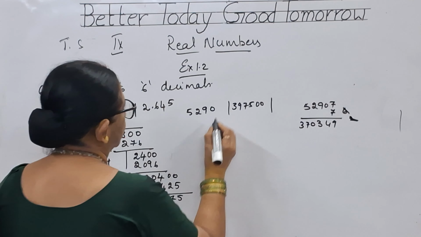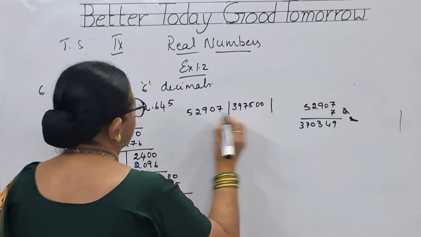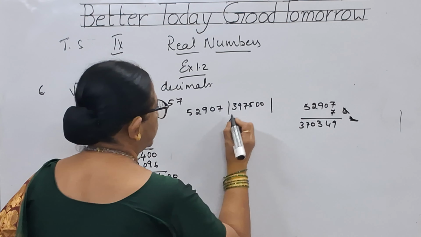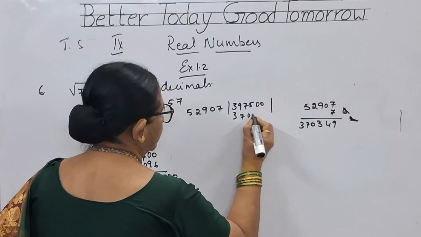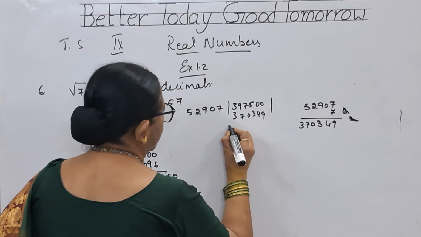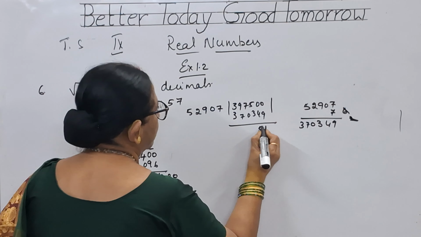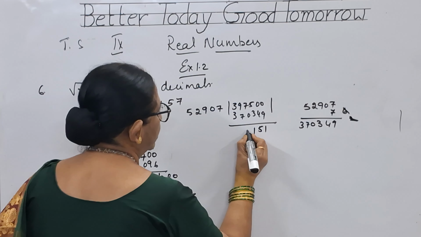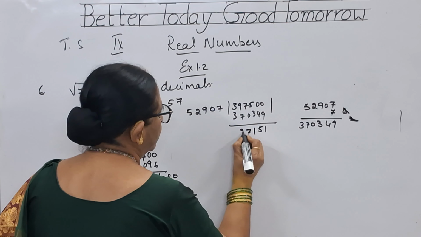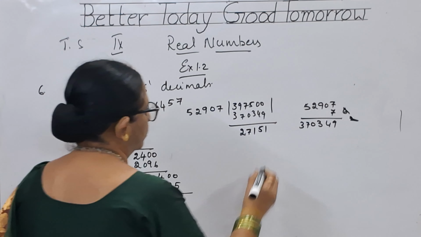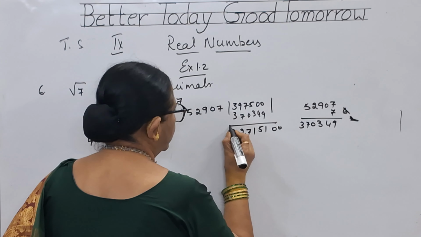Yes, it goes. So 7 there, so here also you will be getting 7. How much are you getting? 3 7 0 3 4 9. So 1 here, 5 here, 1 here, 7 here, 2 here: 2 7 1 5 1. So 2 more zeros here.